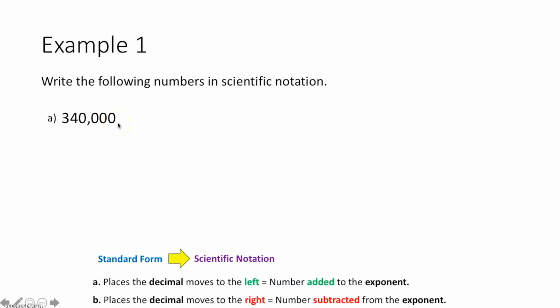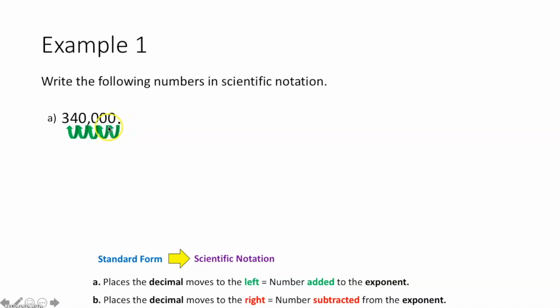Now, we need to move the decimal in order to get a number between 1 and 10. So we're going to keep moving it to the left until we get a number that is between 1 and 10. 34, no, 3.4. There you go. 3.4 is a number between 1 and 10, so we can stop. Now the question is, how many decimal places did we move and which direction?